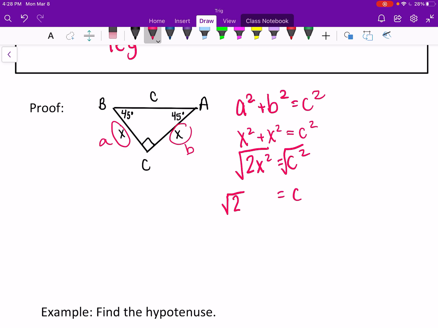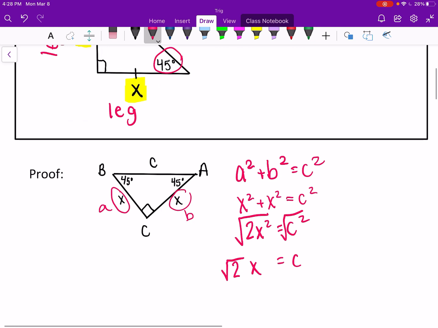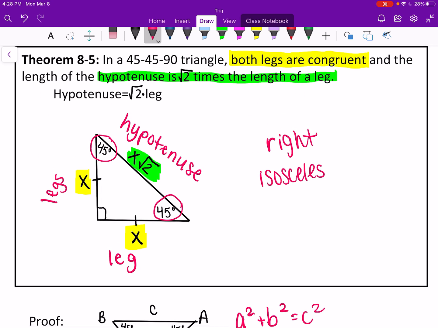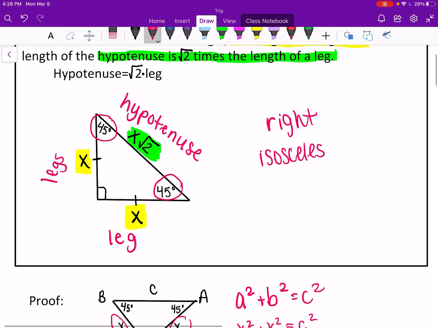But the square root of x squared is just x, so it comes out of the radical. So we have c is equal to the square root of 2 times x, which is exactly what our theorem says. Our theorem says that our hypotenuse is equal to the square root of 2 times the length of a leg.